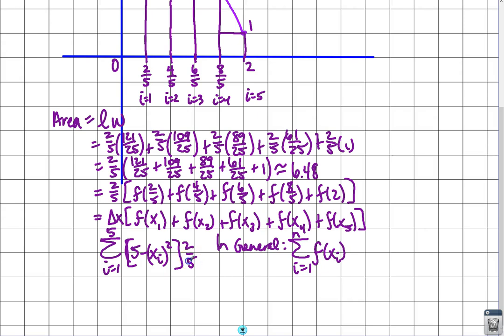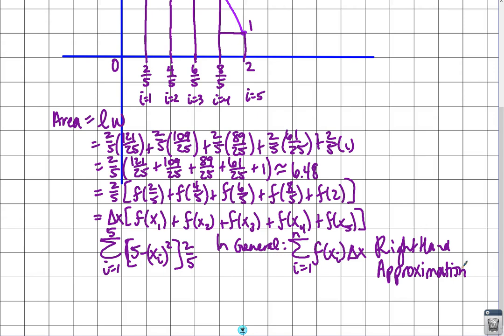But then I have to multiply all of them by the width of my rectangles, which was delta x. This is the general formula for a right-hand approximation. This is our general formula for a right-hand approximation.